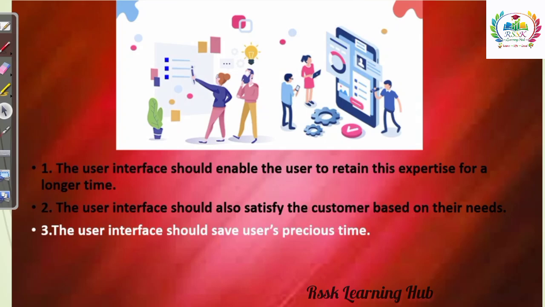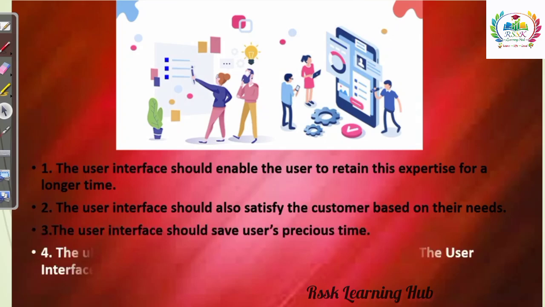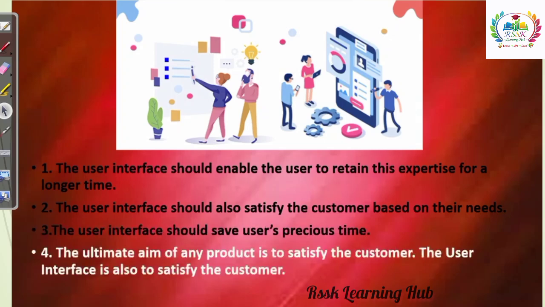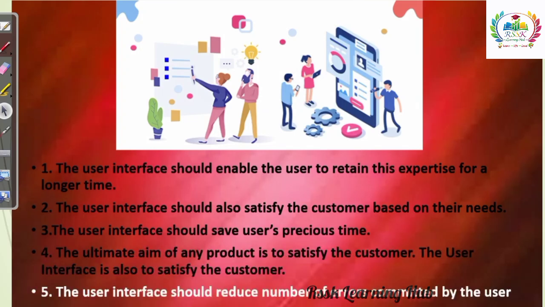The main aim of any product is to satisfy the customer's need. Everyone has to keep it in mind, whatever the job may be. Similarly, the user interface is also designed to satisfy the customer. This is the ultimate aim of it. Next, the user interface should reduce the number of errors committed by the user.